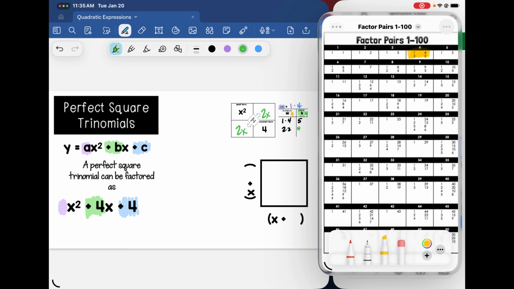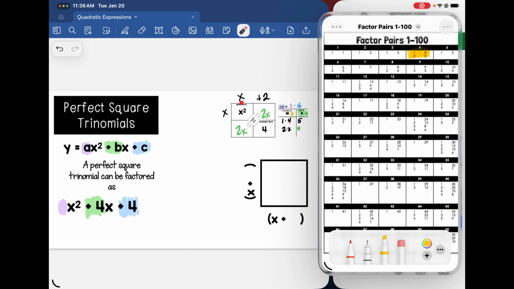All right, now we need to find our side lengths. What can I put on the outside of this x squared box that will multiply to x squared? An x and an x. All right. Then what can I multiply by x to give me 2x? 2.